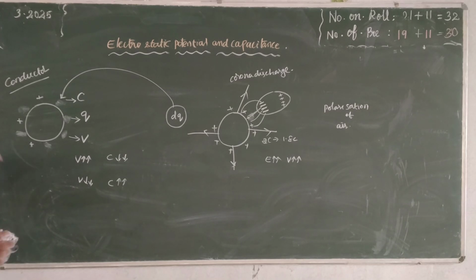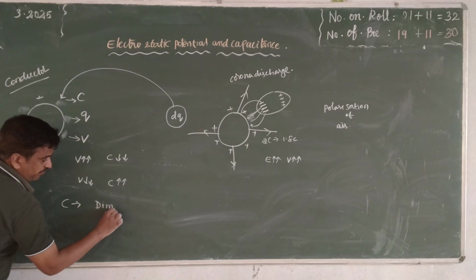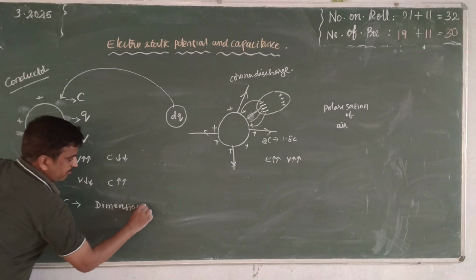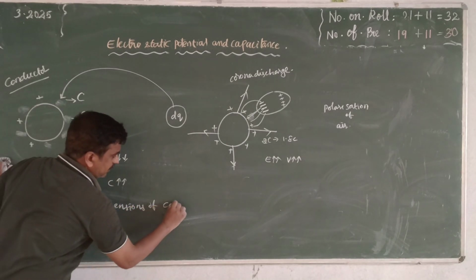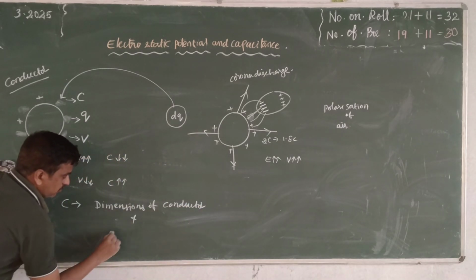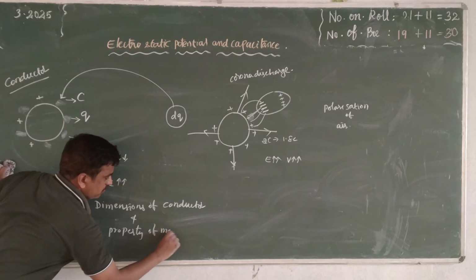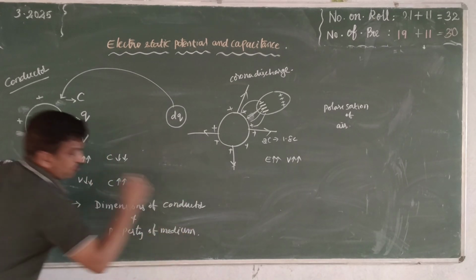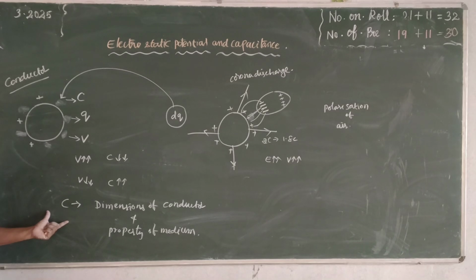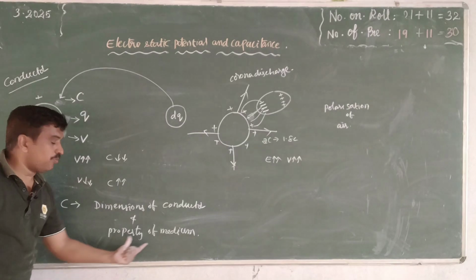What can we say now? Capacitance does not depend on charge and voltage. Capacitance is a property of a conductor, so it depends on the dimensions of the conductor and the property of the medium.